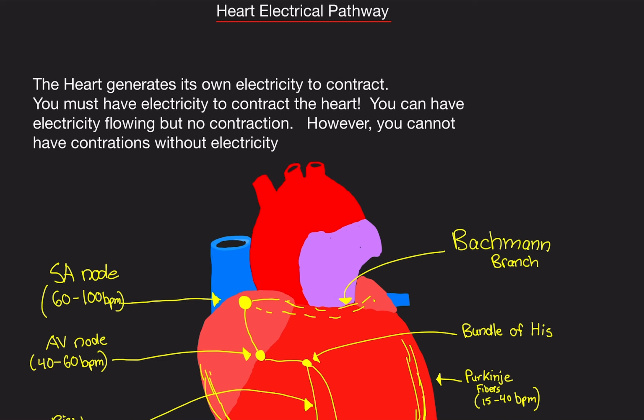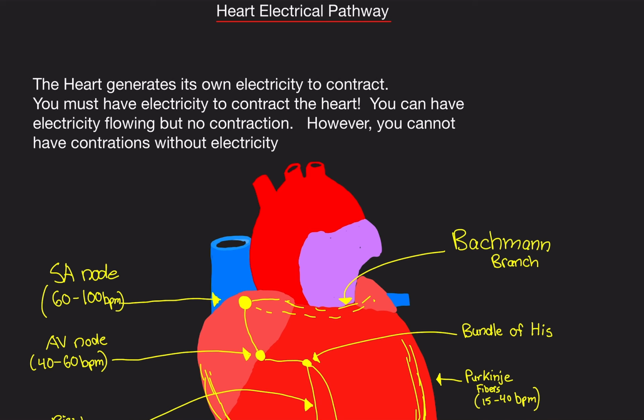contractile muscle cells. Now, these contractile muscle cells are what do the contraction of the heart. However, they contract in response to electrical signal. And what makes that electrical signal? Well, those are called pacemaker cells.